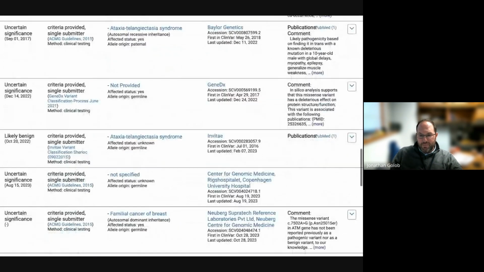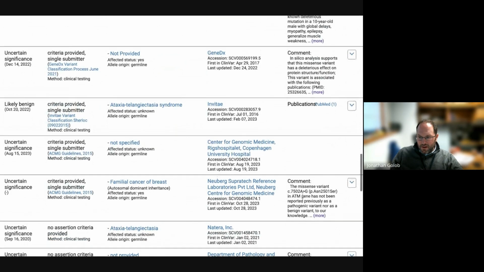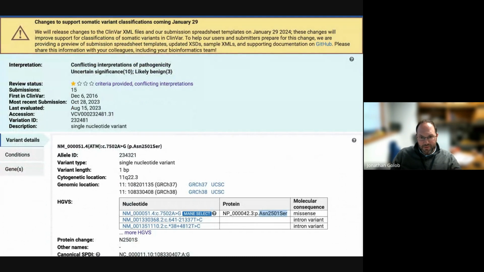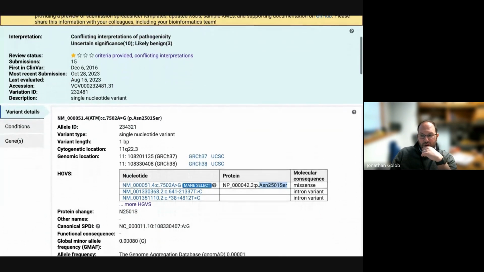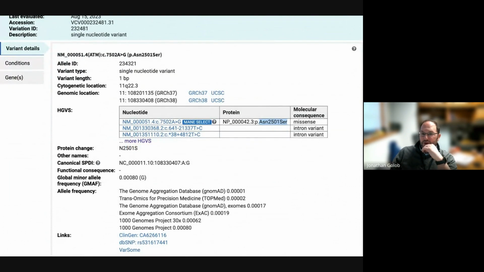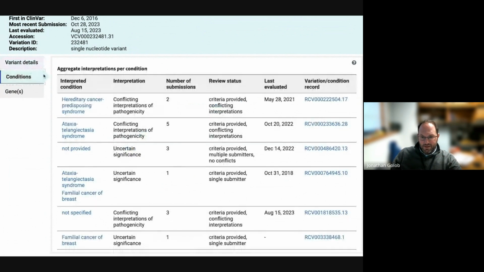But overall, the general consensus is that some people are saying it's probably benign. Some are making no arguments about it. But either way, this has at least been observed before and has popped up. This is a nice summary about these different conditions and this particular change in amino acid.